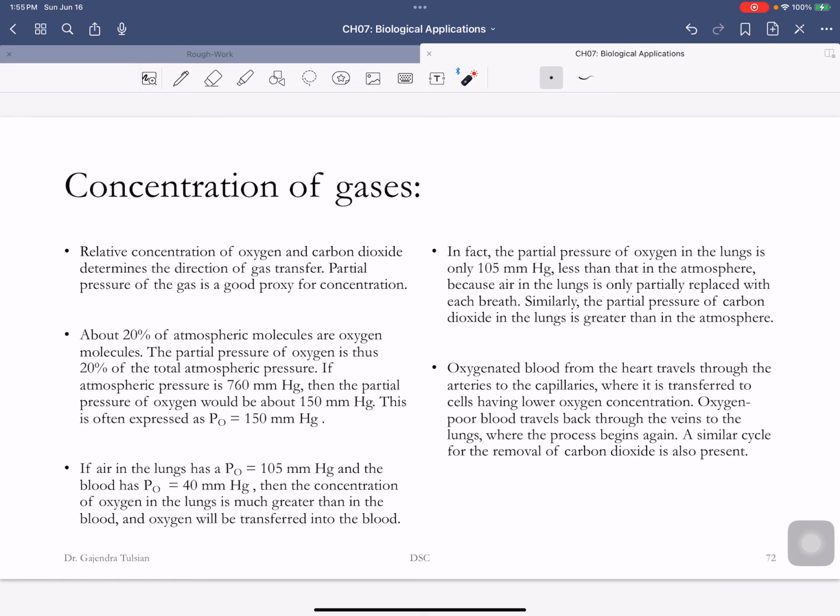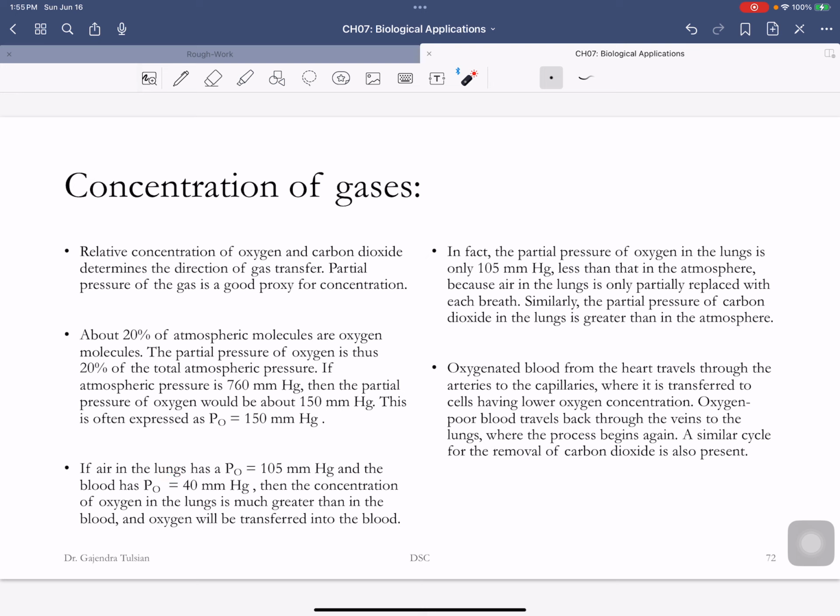So if atmospheric pressure is 760 millimeters of mercury, 20% of that is about 150 millimeters of mercury. So every time you breathe in, the pressure of oxygen in your lungs is 150 millimeters of mercury. If you want to absorb oxygen, the pressure of oxygen in your blood has to be less than that.